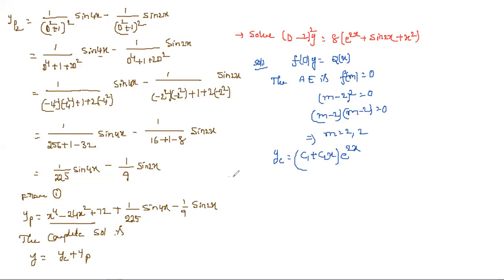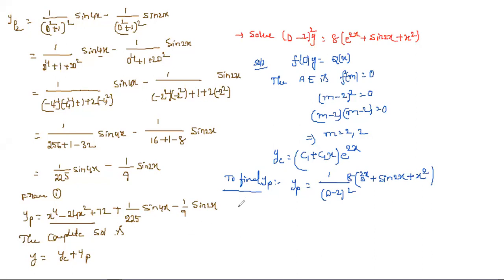Now go to the particular integral. To find yp, the particular integral, yp is equal to 1 by f of D, that is nothing but D minus 2 whole square into 8 into e power x plus e power 2x plus sine 2x plus x square.